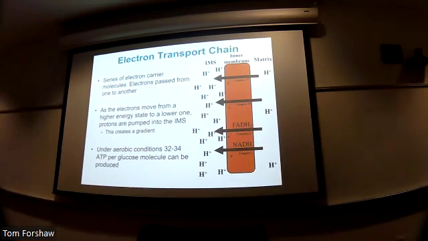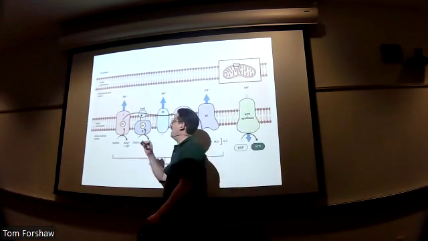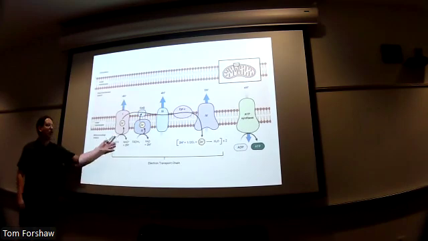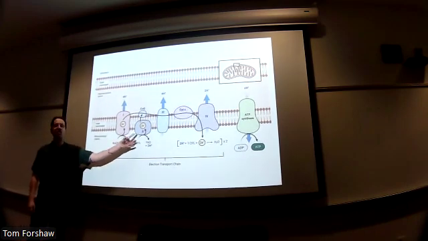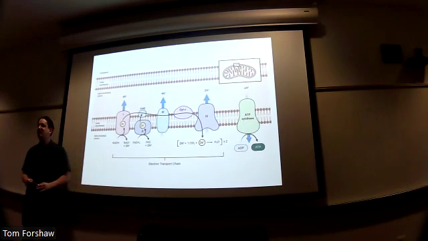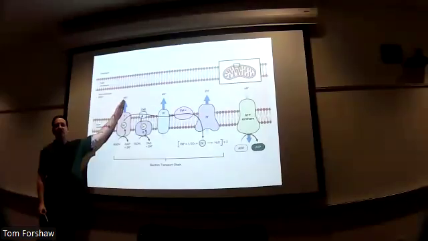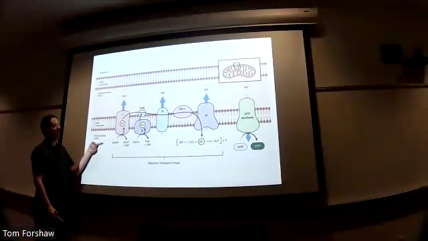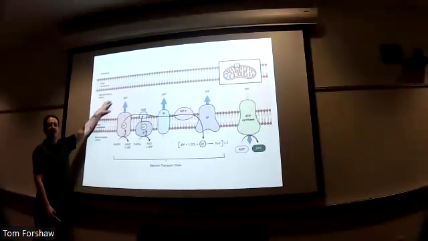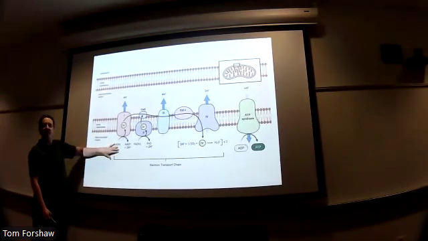They want to go back. So what you do is that you put electrons into complex 1. You put electrons into complex 2 via NADH and FADH2, respectively. And as they move, they pump protons. They transport them from the matrix into the intermembrane space, building up more here, less here.